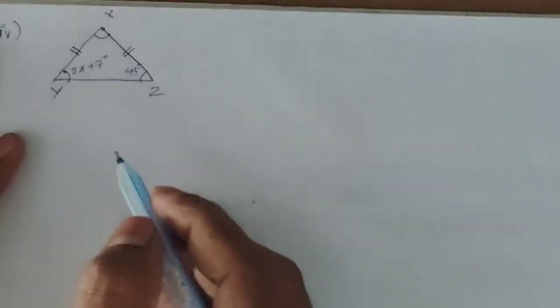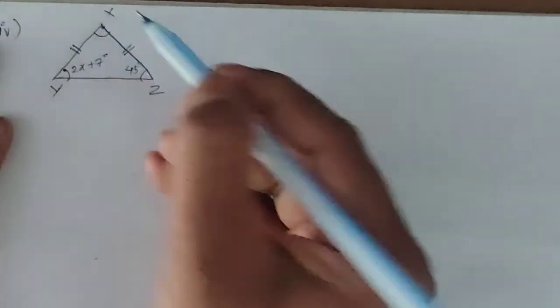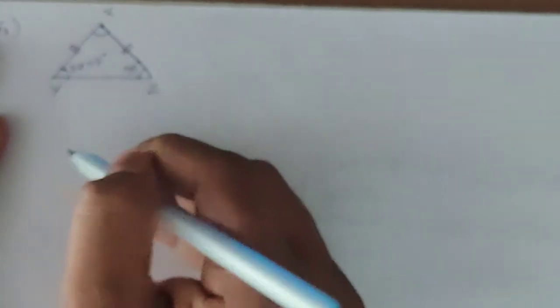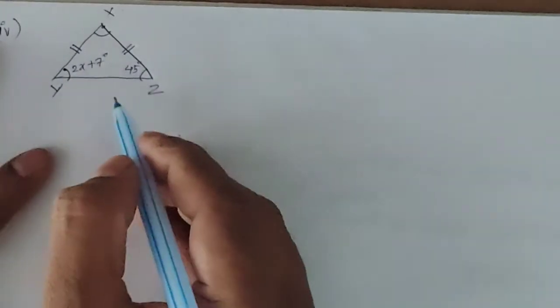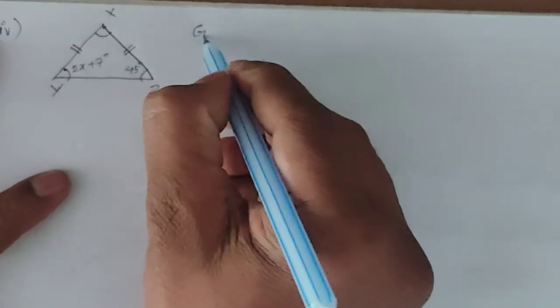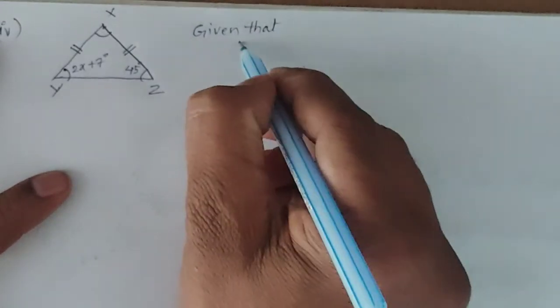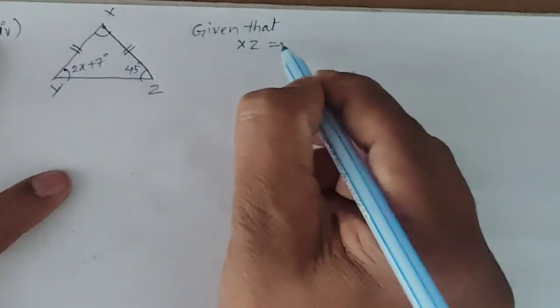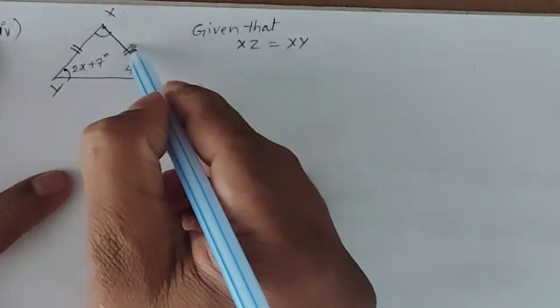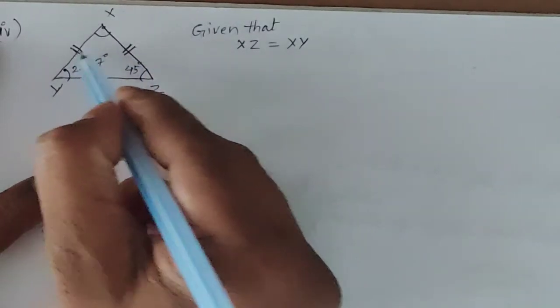So now what do we need to find? We need to find the angle x, so we need to find the value of x. Given that xz is equal to xy. See here, these two marks indicate that these two sides are equal.